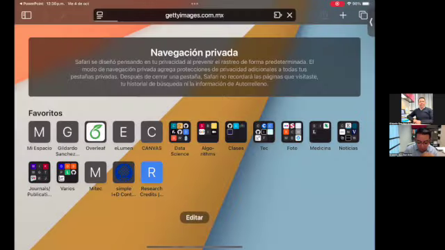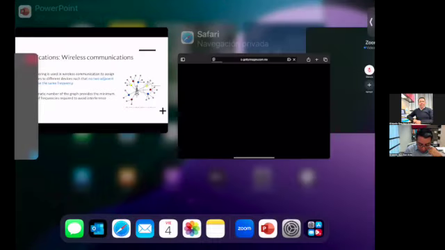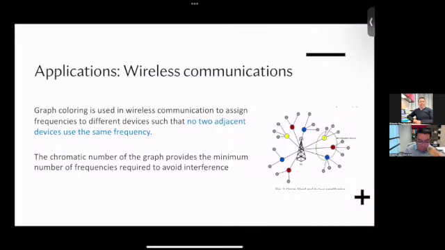But there are other applications too, like in wireless communications. If we have devices which are adjacent, we don't want them to use the same frequency, otherwise they will interfere. But we don't have an infinite number of frequencies.